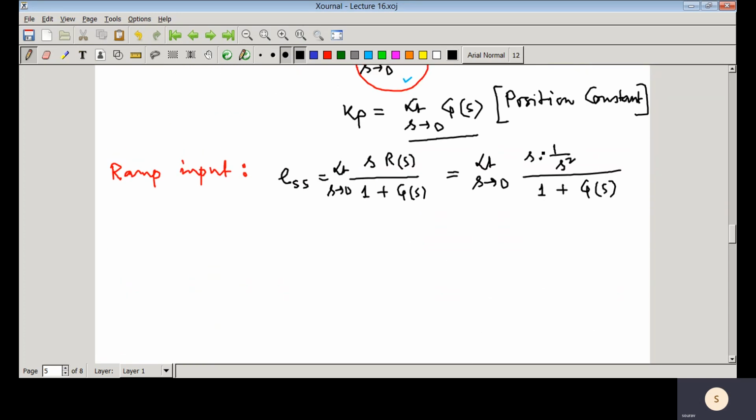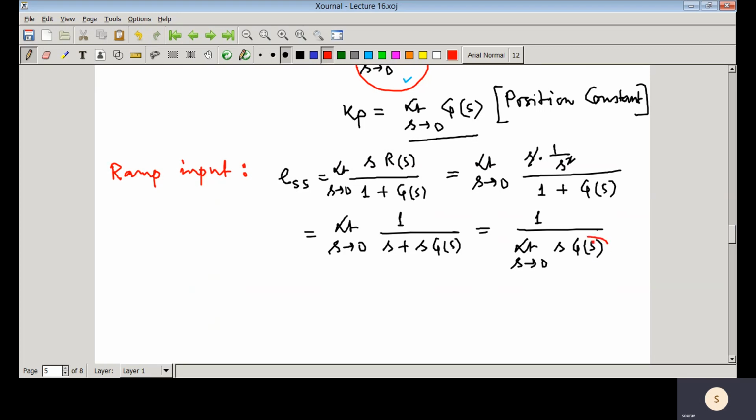Then you will get that s cancelled out, and if you take it here, that is limit s tends to 0 1 by s plus sG(s), and then it would be 1 over limit s tends to 0 sG(s).